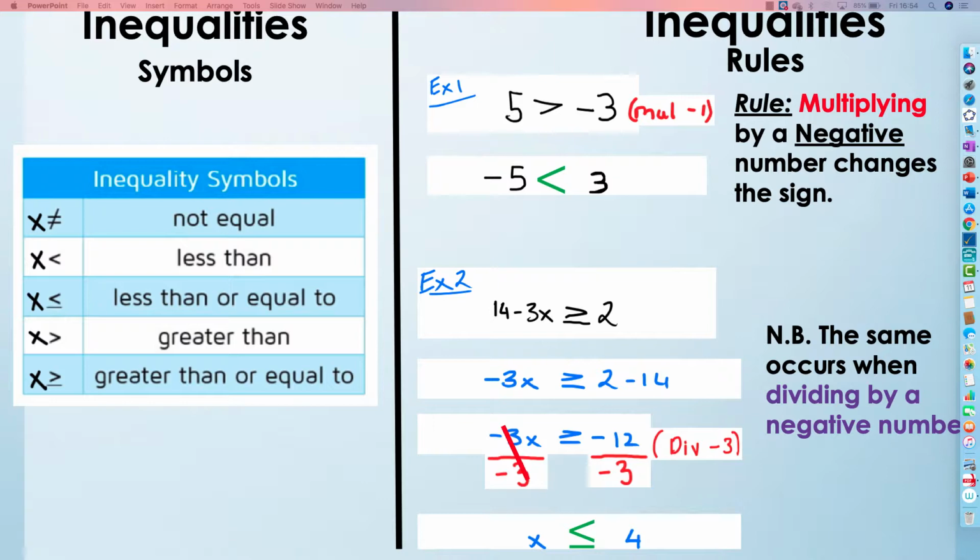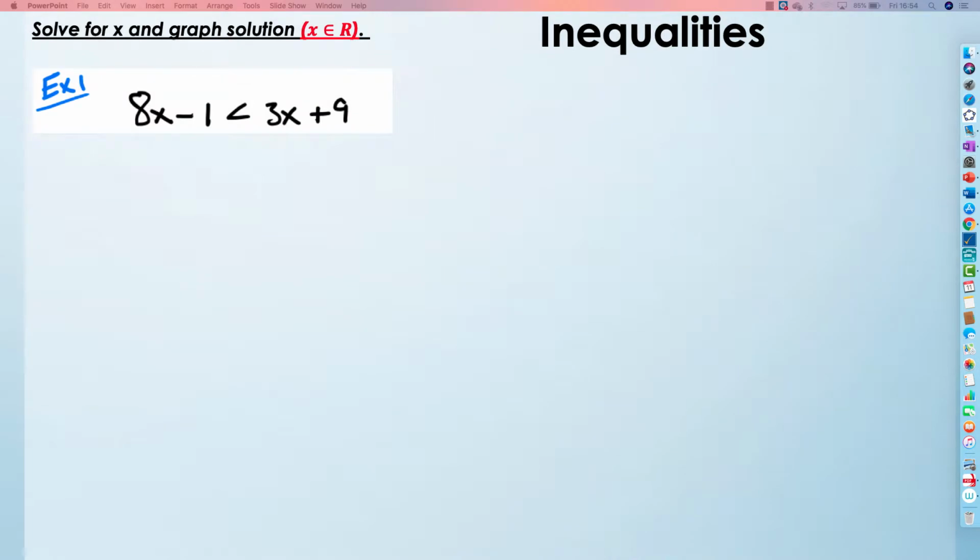Right. So if we look at this one, they want us to solve for x and then graph the solutions. Whenever you're doing inequalities, they're always going to want you to graph them. So we're worried about solving it first of all, and then we're worried about graphing. X's are always on the left, numbers are always on the right.